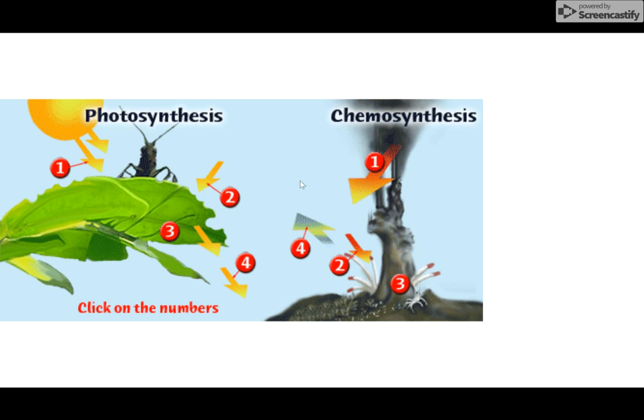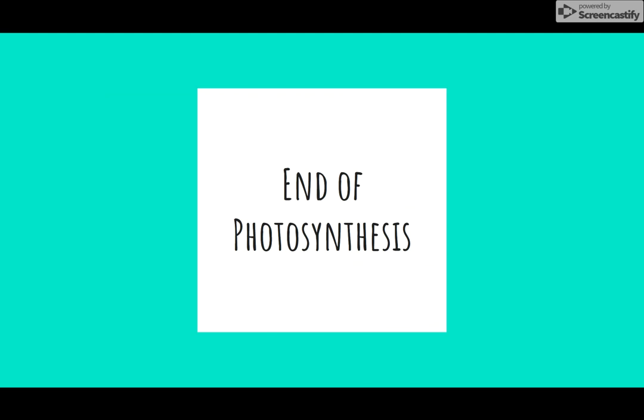Chemosynthesis is a similar process where these tube worms on volcanic vents are able to take chemical energy or chemical heat and convert the elements that they find in the water around the volcanic vent into sugars. Chemosynthesis uses chemicals, photosynthesis uses light. Both of them are producing sugars. Just kind of a way to compare and contrast different life forms on our planet.